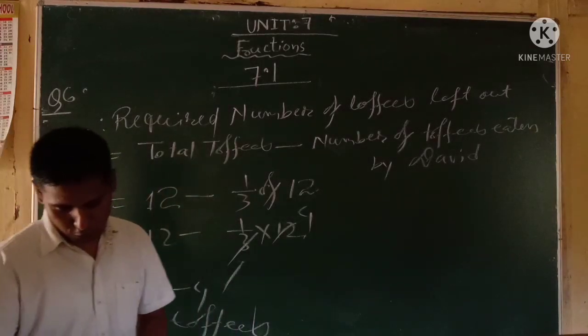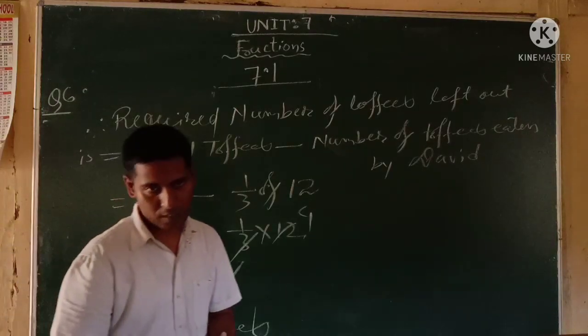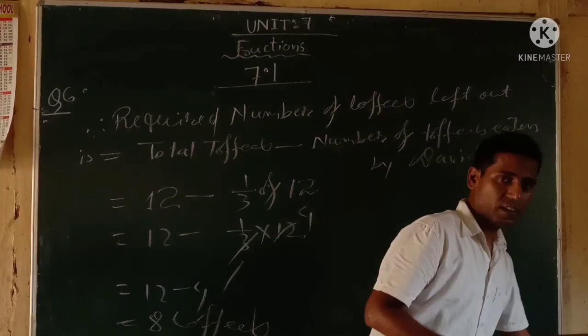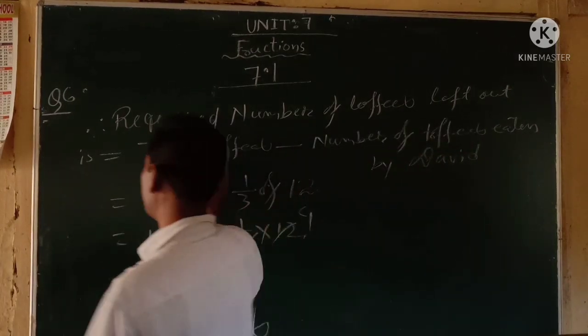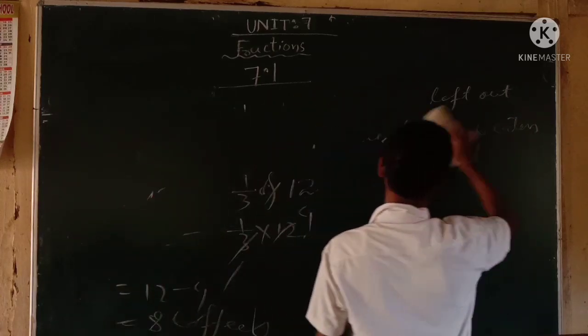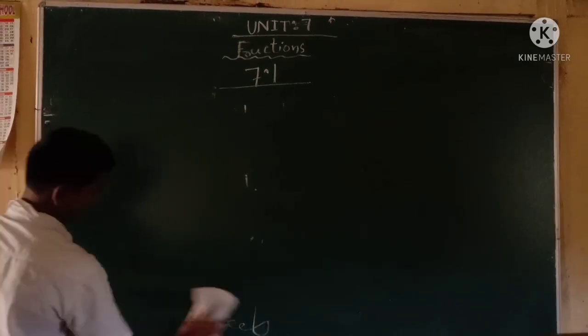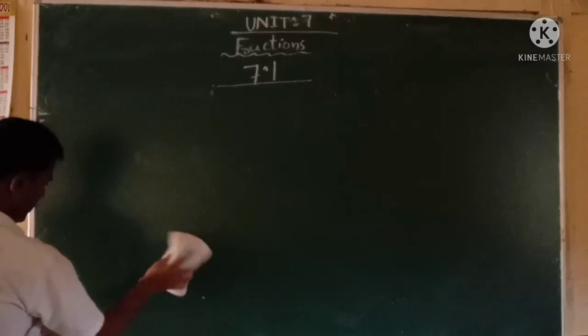Now let us proceed to question number 7, that is represent each of the following fractions on the number line. It's a very simple question. You are already well acquainted with number lines, how to solve questions using number lines. You are familiar with this.